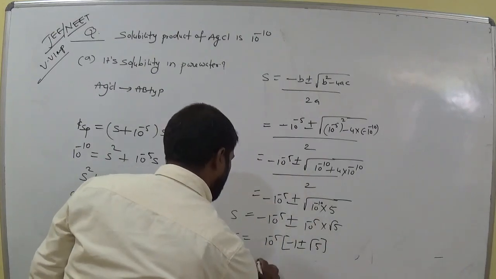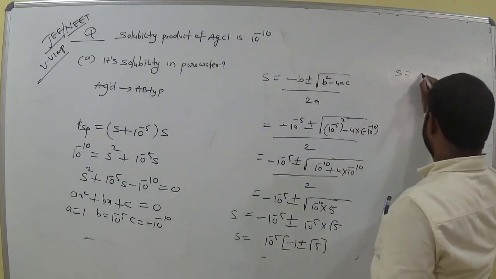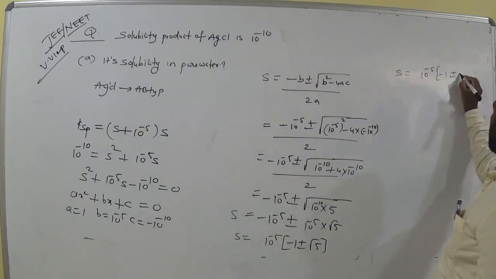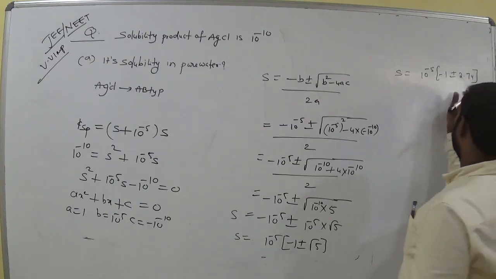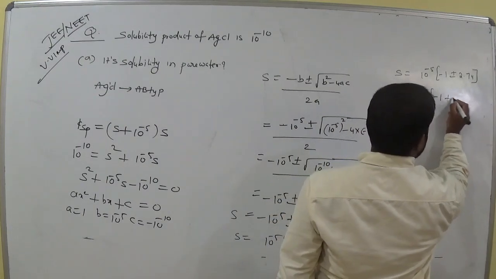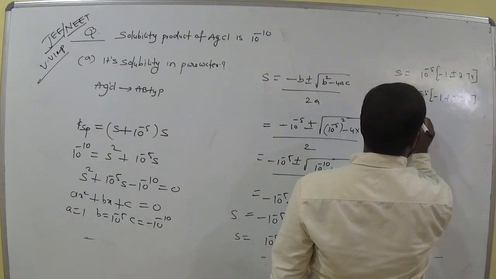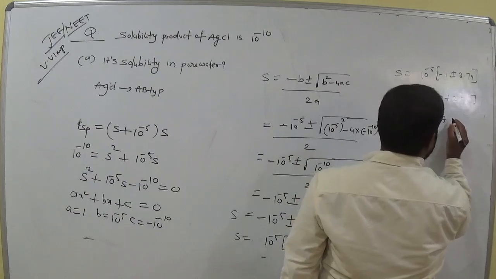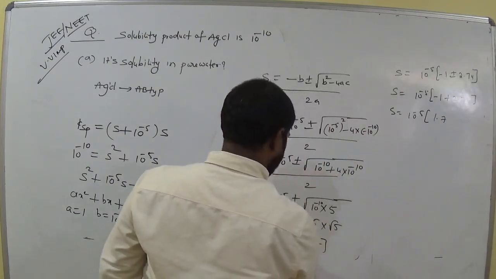So now S is equal to 10 power minus 5 into minus 1 plus or minus root 5, where root 5 means 2.24. Okay, clear? So if we take the positive expression, 10 power minus 5 into minus 1 plus 2.24, that is 1.24, and here we have 2 in the denominator.